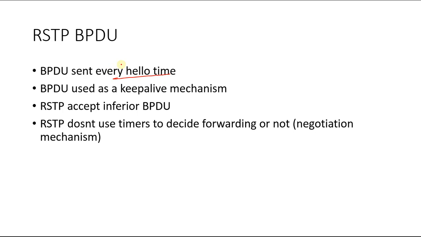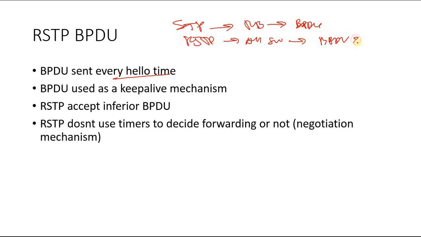But different from classic spanning tree, in rapid spanning tree all switches generate BPDUs every 2 seconds, or every hello time. That's the first point, and it's very interesting to discuss today.